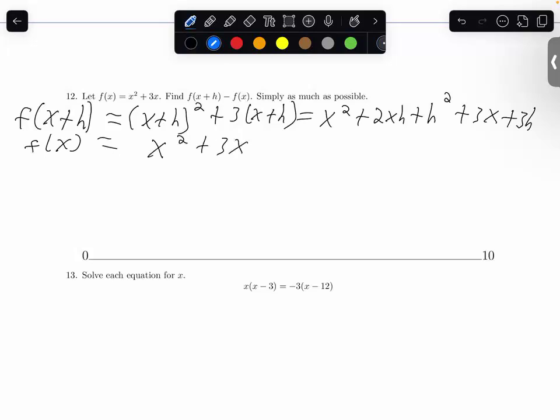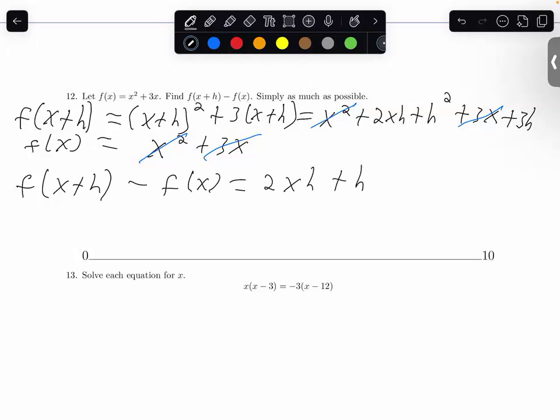And we're going to want to subtract these two, right? So we could already cancel out two things, these x squares and this 3x. So the subtraction of f of x plus h minus f of x is 2xh plus h squared plus 3h.